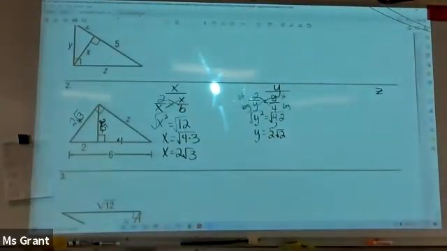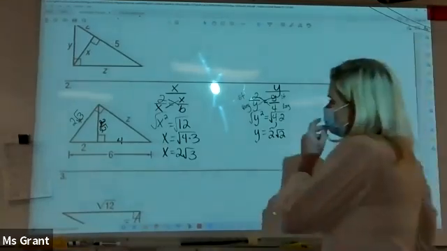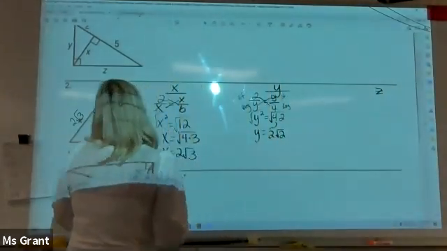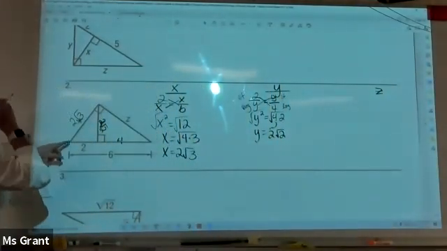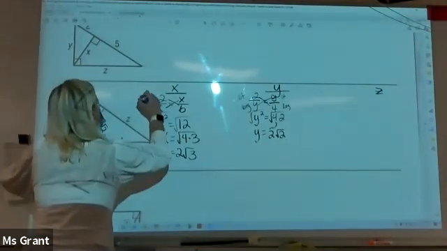Why did you say 2 over x equals x over 6? Because diagonally, the definition of geometric mean means that I have matching diagonals. So the x has to go in that position. For x, it ended up being short leg over hypotenuse.